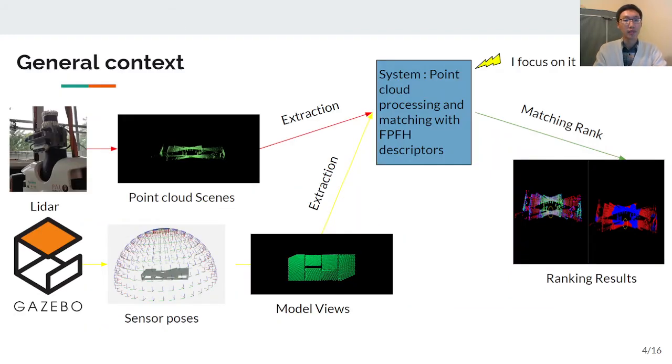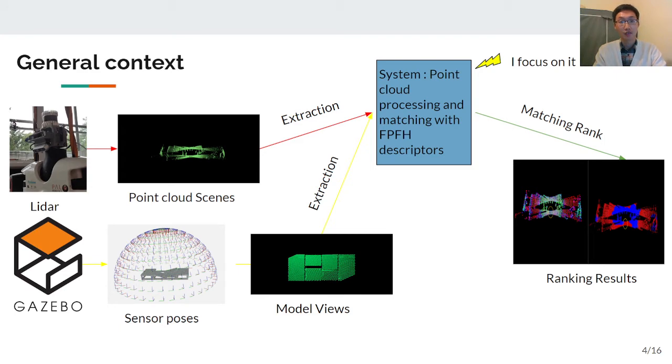As we see, in my internship I used a system to process 3D point cloud data, which is mainly used for scene and model matching by using FPFH descriptors. The inputs for the system are the scene information acquired by the lidar, and a multi-view model dataset of the objects generated by the software Gazebo.